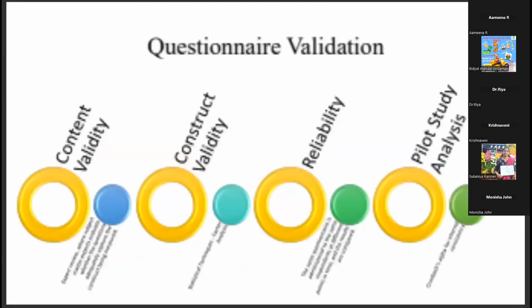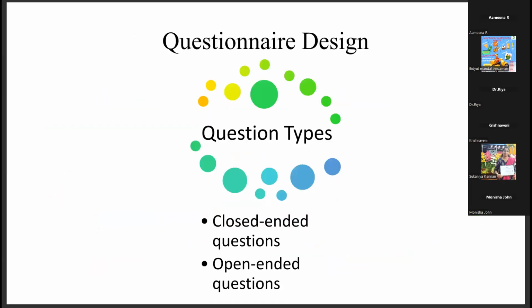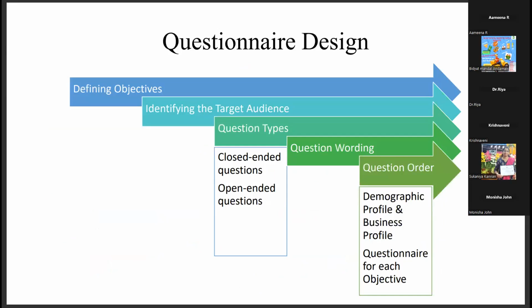Previously, we have seen about the questionnaire design. So let me try to recall. When it comes to questionnaire designing, it is just a draft. It's not the finalized questionnaire. In order to design a question, based on each and every objective, you have a factor.